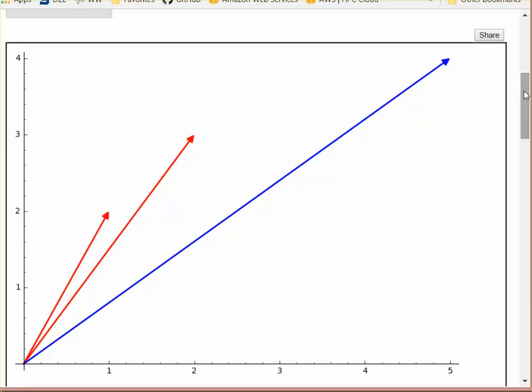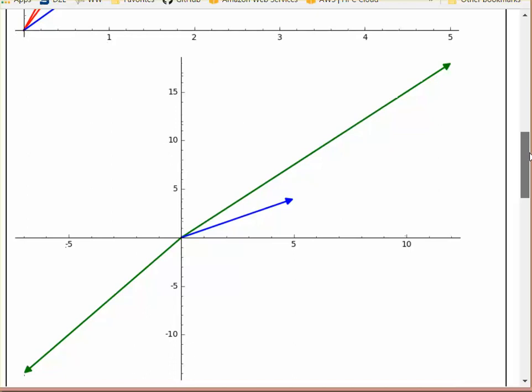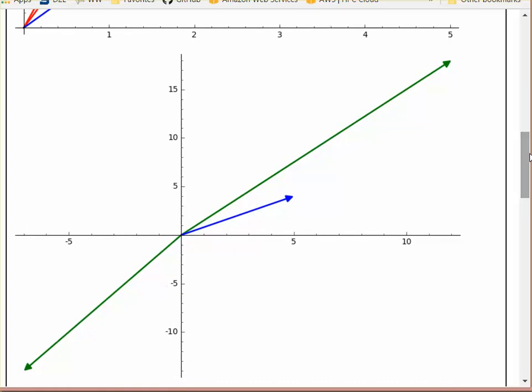So I'm going to modify these two vectors by multiplying one by 6 and the other by minus 7, and when I do so, I get something that looks like this. So here's the vector 2, 3, it's multiplied by 6, so that gives us 12, 18. And here's the vector 1, 2, and it's multiplied by minus 7, so that gives us minus 7, minus 14 down here.